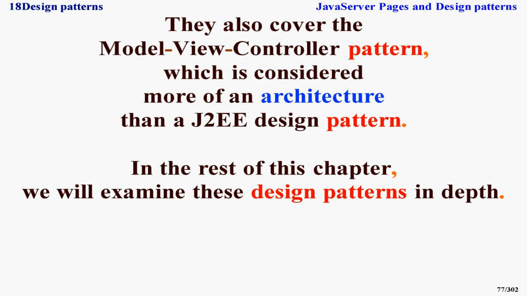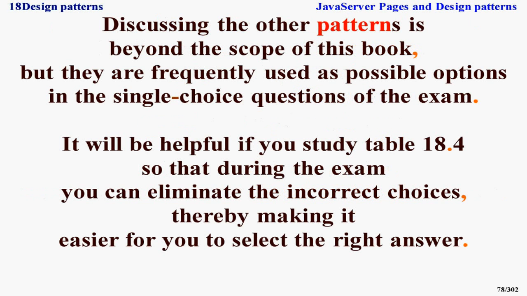In the rest of this chapter, we will examine these design patterns in depth. Discussing the other patterns is beyond the scope of this book, but they are frequently used as possible options in the single-choice questions of the exam. It will be helpful if you study Table 18.5, so that during the exam you can eliminate the incorrect choices, thereby making it easier for you to select the right answer.